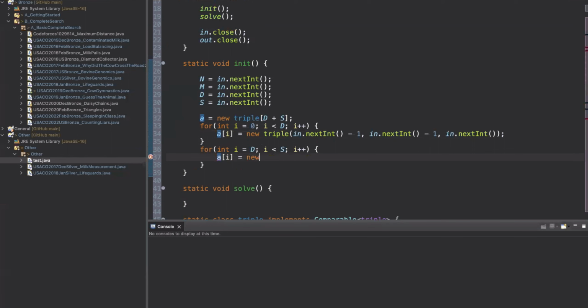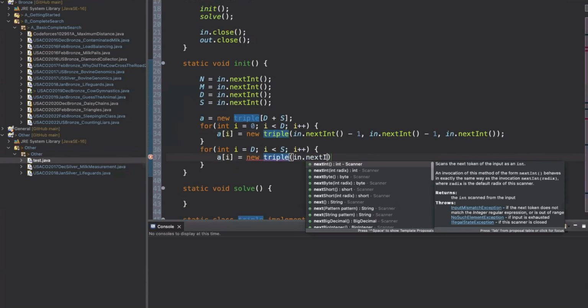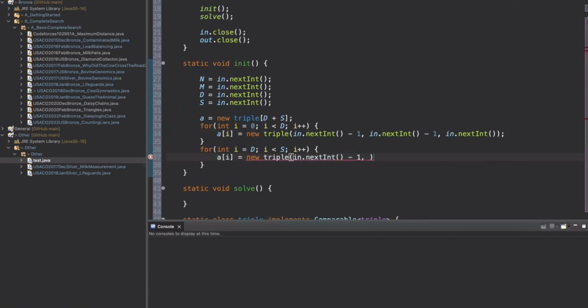Except for this one, you're also going to create a triple, but we don't have the type of milk that they drank. So instead of the type of milk that they drank, we're just going to put in -1, which is going to represent the fact that the person got sick.